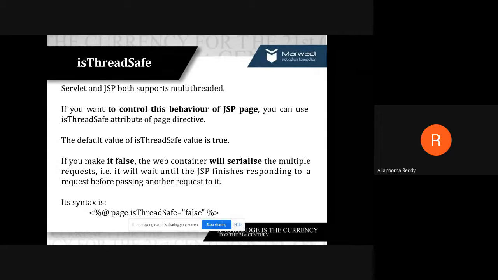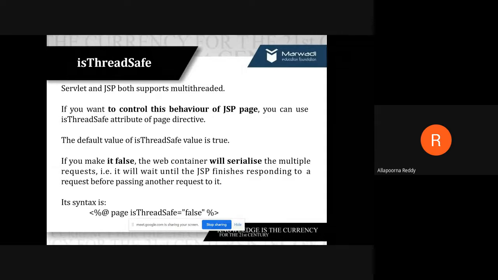What do you mean by multi-threading? More than one request may come to access your client request. If you want to control this behavior of JSP, as we are discussing JSP, then we need to use the attribute called isThreadSafe. But what happens if I don't use it?